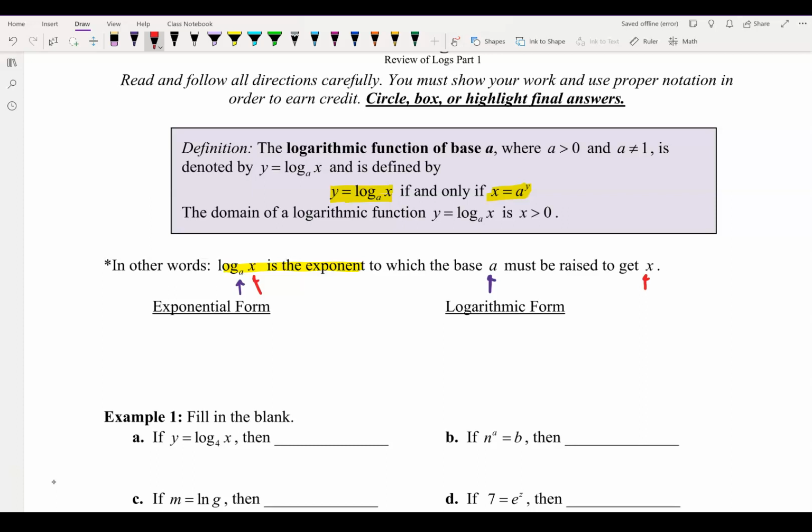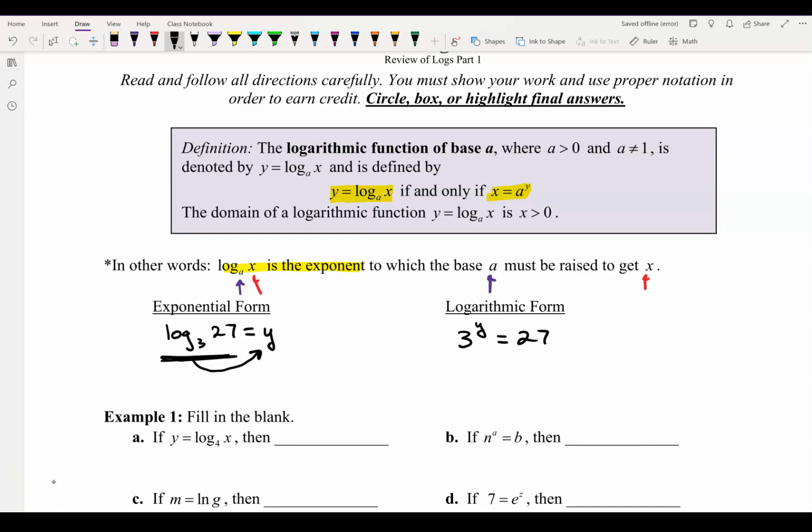First of all, just looking at the two forms, if we have log base 3 of 27 equals some value y, what we're saying here is that this whole quantity is an exponent, meaning that y is an exponent. So we have a base of 3, and then we have y, and that is going to equal 27.